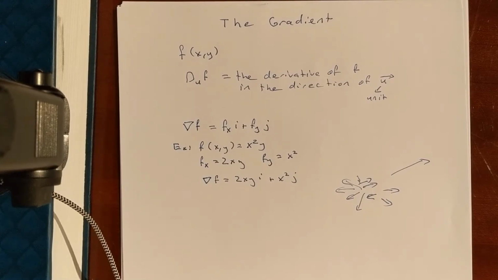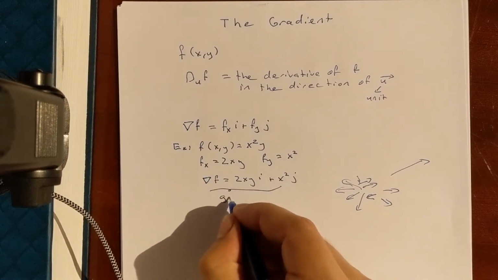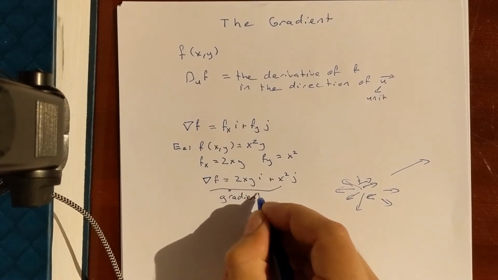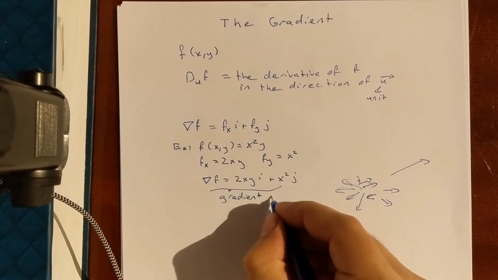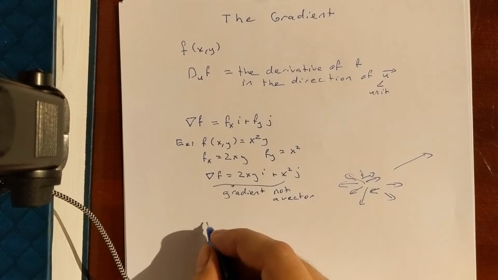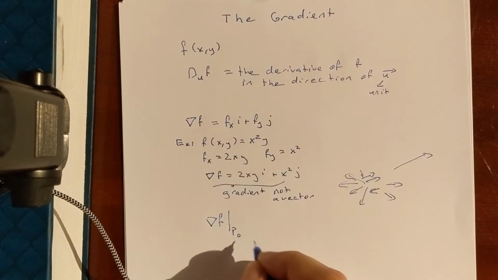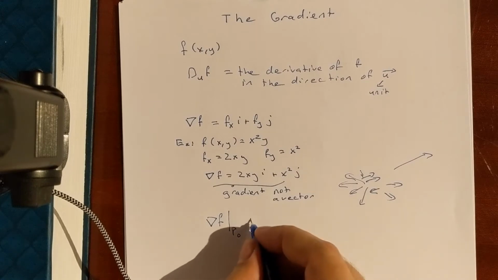But it's not itself a vector. When does gradient of f become a vector? When you plug in a point. So this is the gradient. Gradient is not a vector, but the gradient at a point, gradient f evaluated, say, at a point p naught, is a vector.